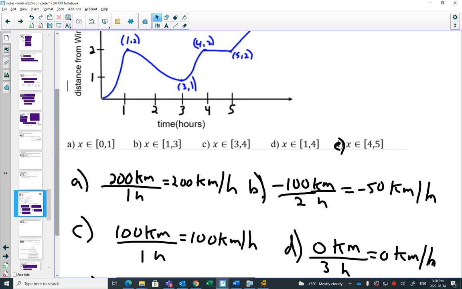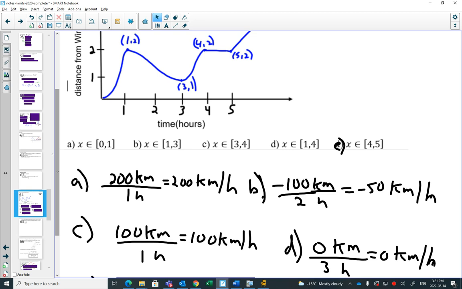But does it make sense in part D, from 1 to 4, you were 200 kilometers away from Winnipeg at that moment. Even though you drove back and drove again, you've technically not gone anywhere in that time. Your average speed is 0 kilometers per hour.